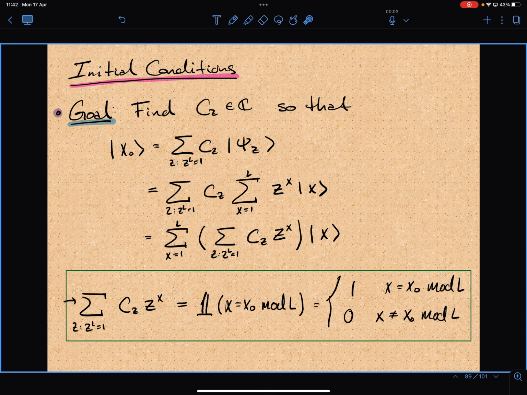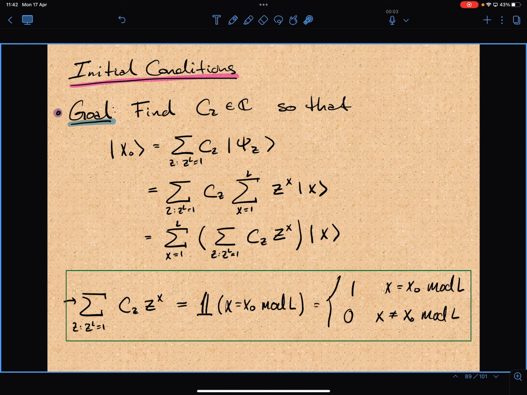This is the formula we have for them. And then I switch the summations. And I see that the coefficient in front of this vector x is given by this formula. And by looking at the coefficients on the left side and the right side and matching them, because this creates a basis, the coefficients have to match.